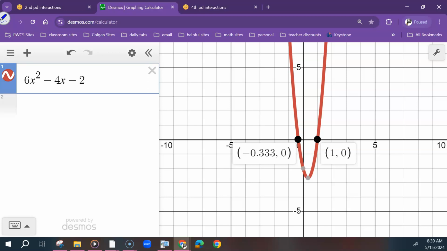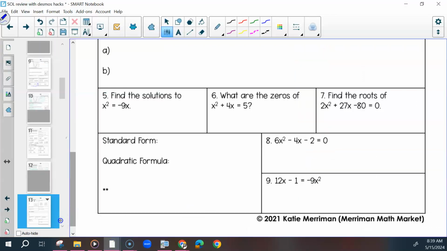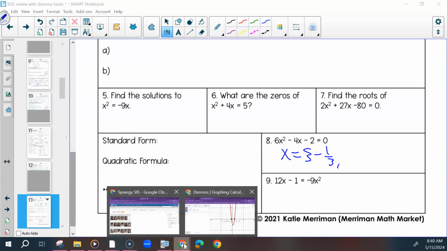But if you get a decimal that maybe it's not something you recognize, you're given the quadratic formula on this, but also in your formula sheet on the SOL, you could use that instead. Like 9, you would use that. But then your answers for this one would be negative 1/3 and 1.